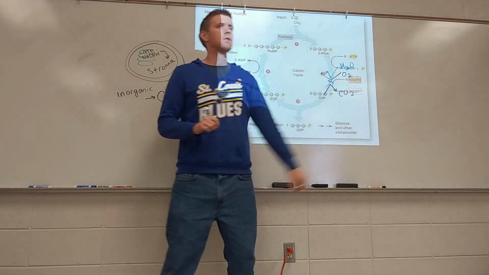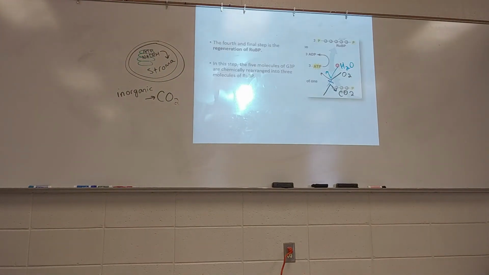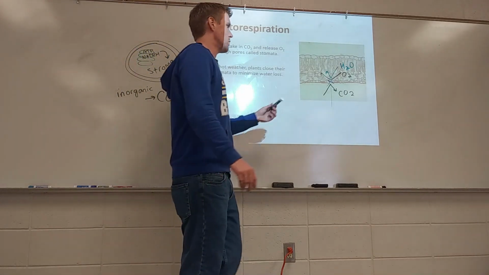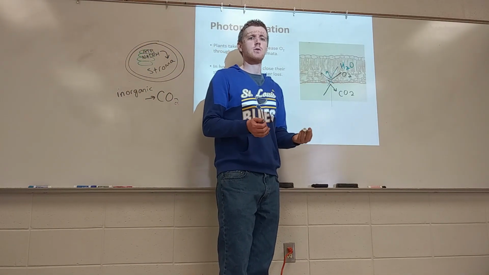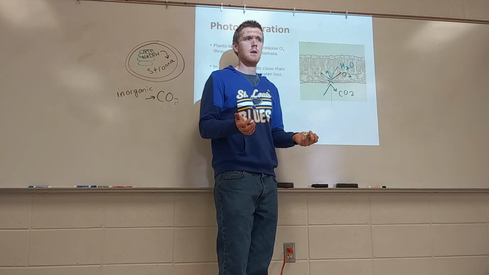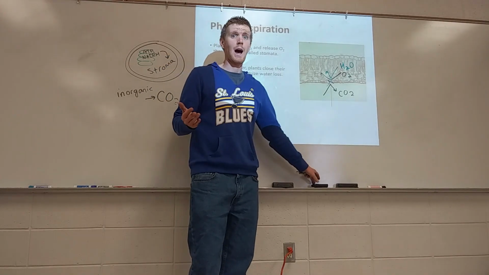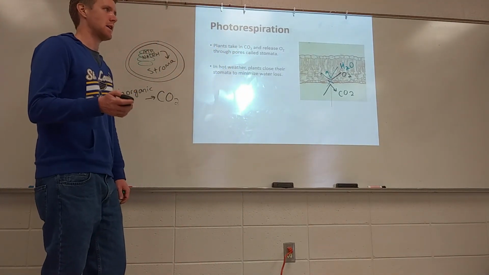So if there's too much oxygen present in the plant, Rubisco will tend to use oxygen instead of CO2, which doesn't actually make sugar. It wastes energy, and over time the plant is effectively going to die from that because it's wasting energy and not actually producing sugars like it should.